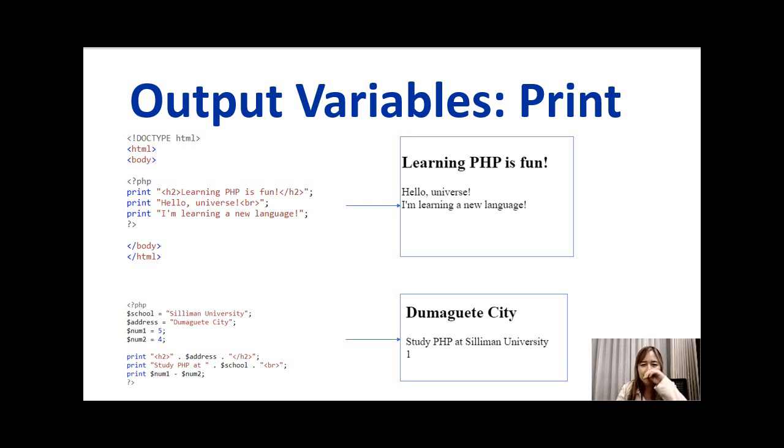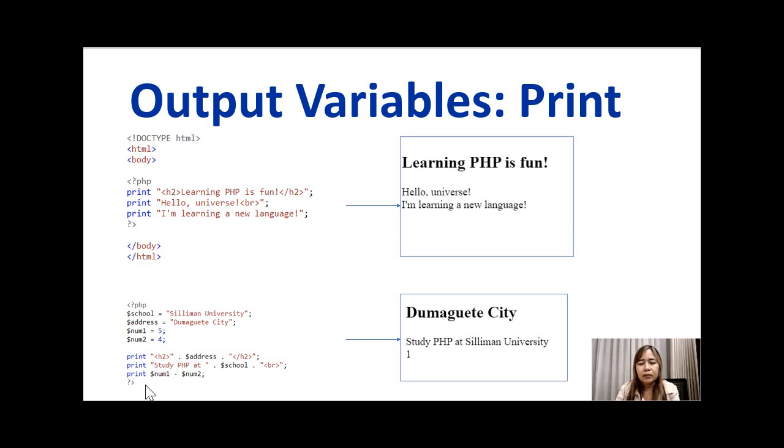Here's an example of code wherein, to display something on your screen, you simply use print. Just change the word echo to print, and you have an output on your screen exactly the same as your output had you used echo for this particular code.